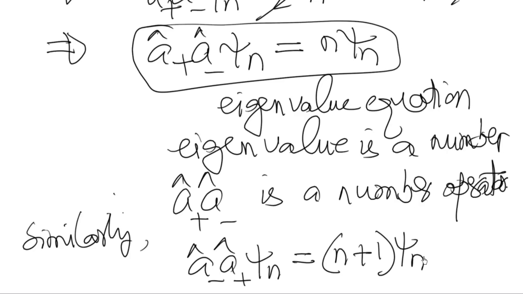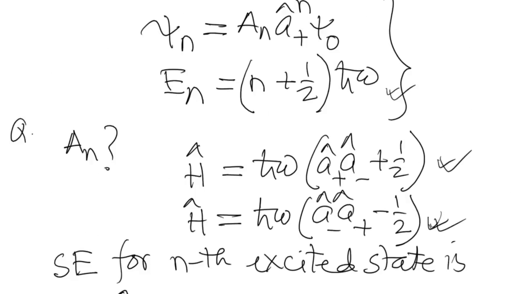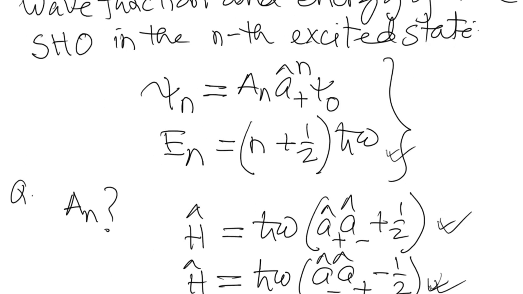So you see A minus A plus is also a number operator. Here the eigenvalue of this number operator A minus A plus is n plus 1. From now on we will have these two formulas, and we can apply them to find this constant.